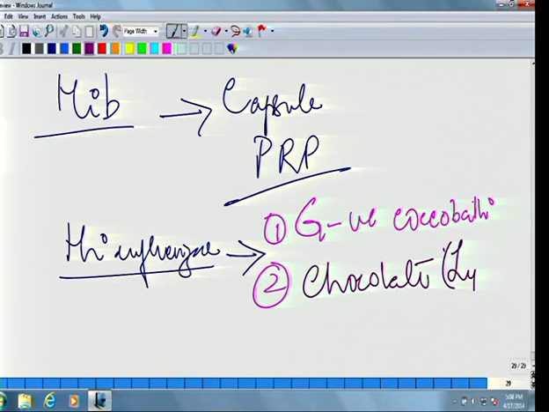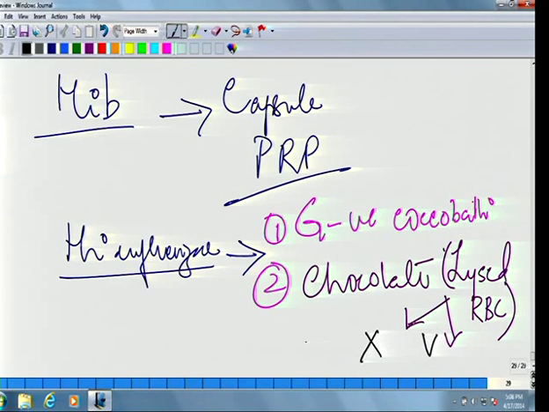Chocolate agar is made up of lysed RBCs. So the lysed RBCs will release two important growth factors required by Haemophilus. Which are they? The X and V factor, that is hemin and NAD. Yes, hemin and NAD. Okay.